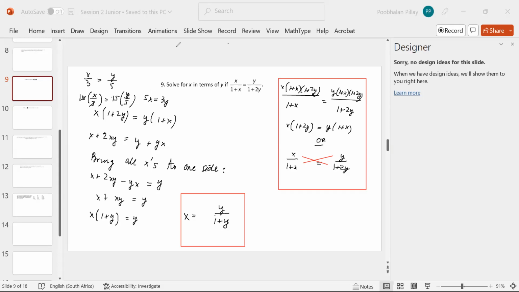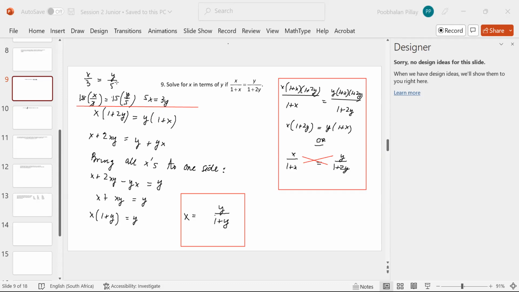The fraction has disappeared. Now, notice that you could have got 5x by multiplying 5 times x this way, and then equals 3y, what they call cross multiply.